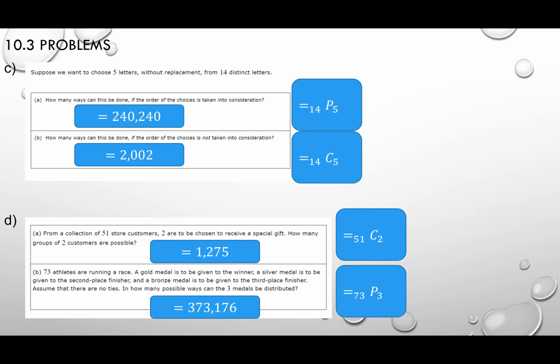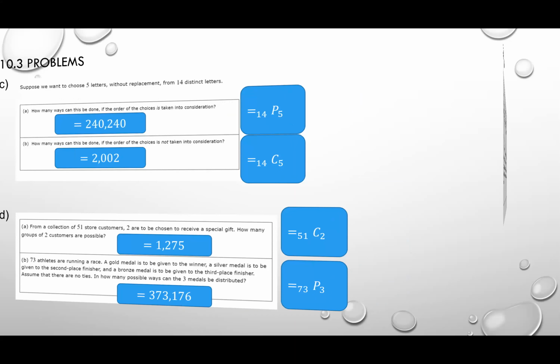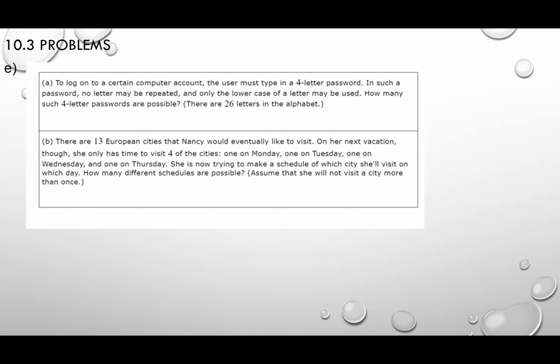Question with D or C? And let's take a look at this item here. Let me ask you, if you read A, is this a permutation problem or a combination problem?